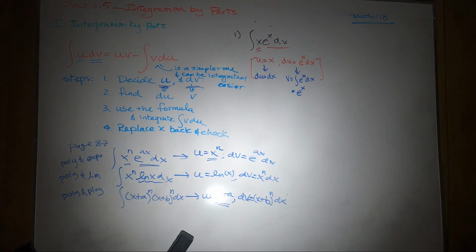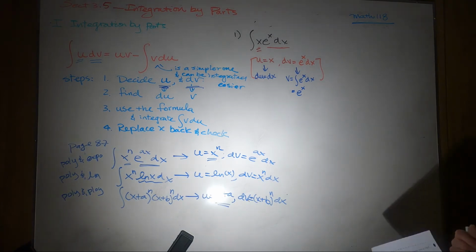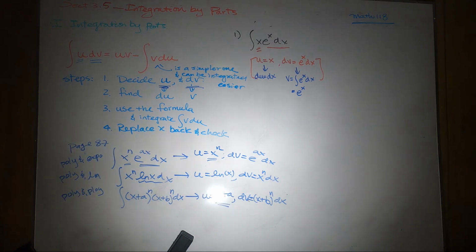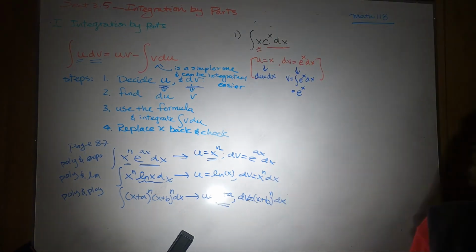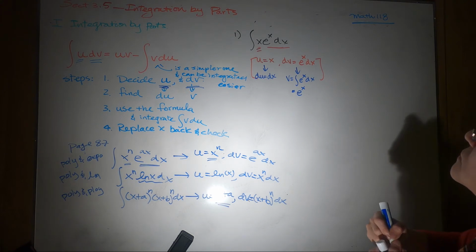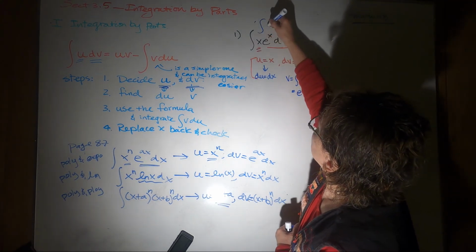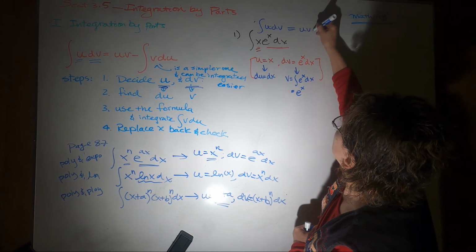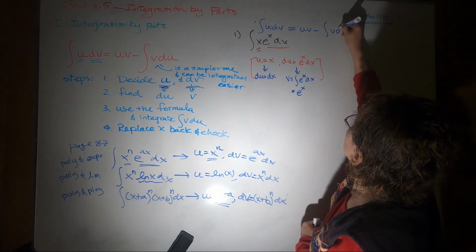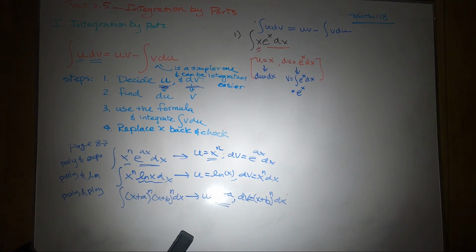Okay. Then now this one is your u dv. We should have uv minus the integral of v du, right?